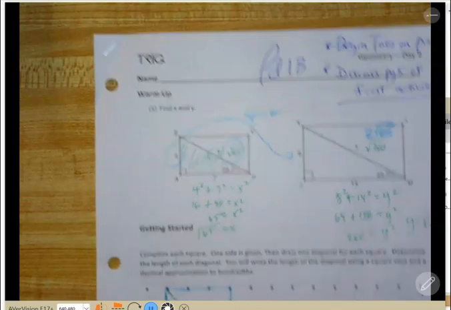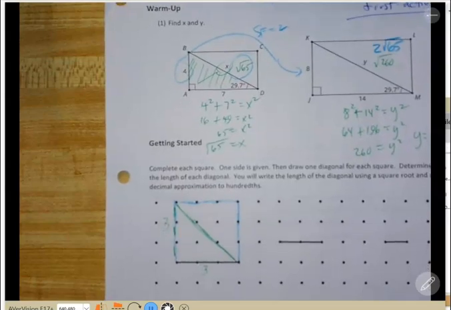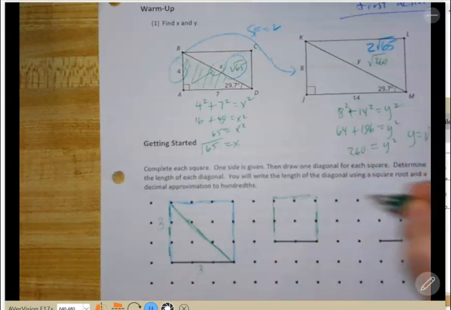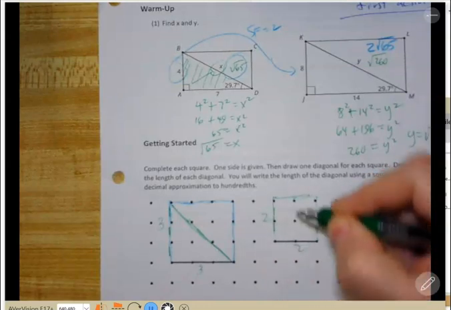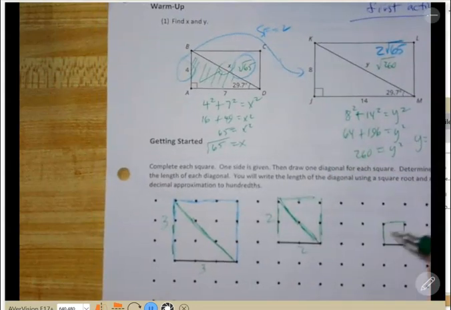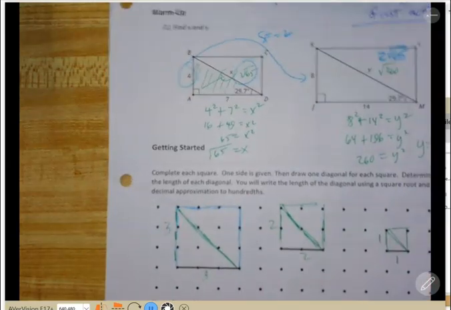All right, and so problem number 2, again, if I draw the other 3 sides of the square, this would be a 2 by 2 square. That's the diagonal. This is a 1 by 1 square, and that would be the diagonal.